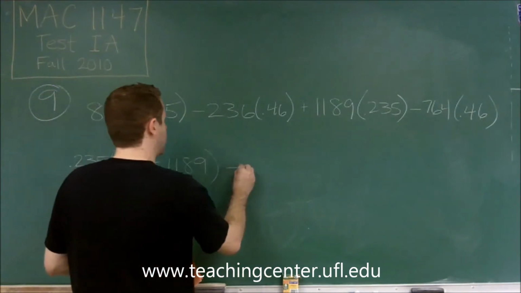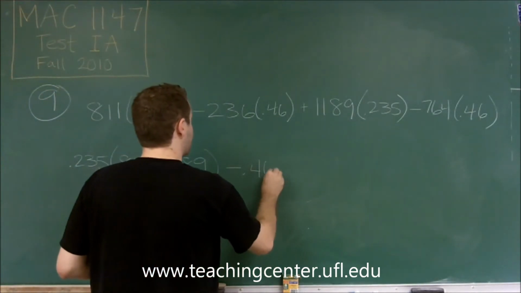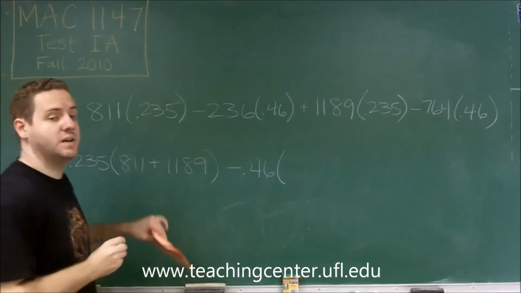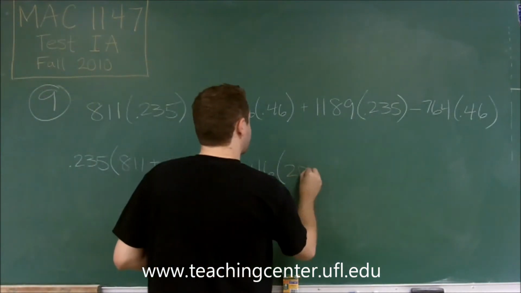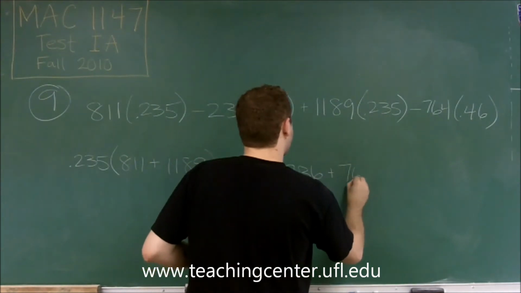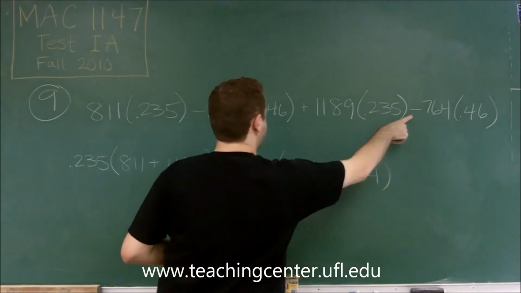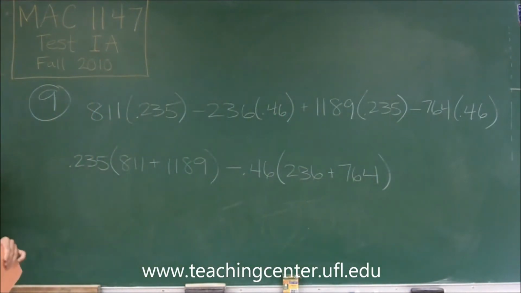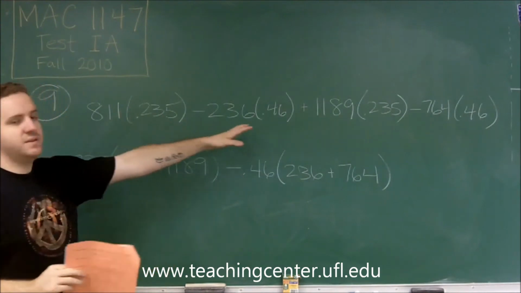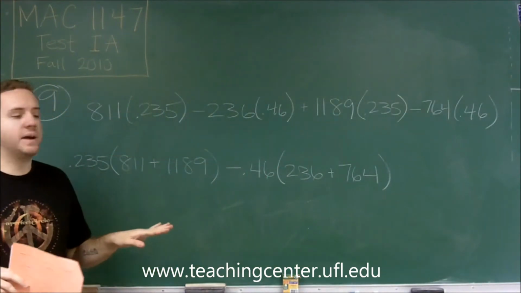So we can factor out a negative 0.46 and put in our leftover numbers there, which would be 236. Important to note that's a plus 764 because we already factored out the negative sign. So you can see if you were to distribute these, you would get this back out. So this is definitely correct.